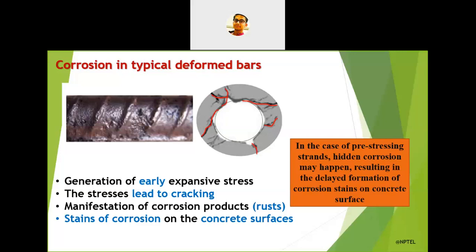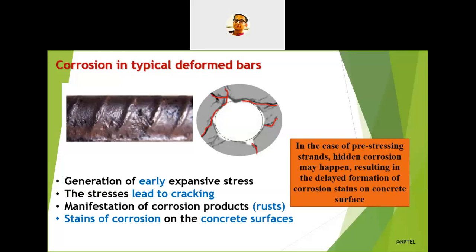So we cannot judge a normal conventional RC building the same way as a pre-stressed concrete building. If you see stains in a normal RC building, you may conclude that the corrosion has started only shortly before. But in pre-stressed concrete structures, if you see corrosion stains on the concrete surface, it is quite dangerous.